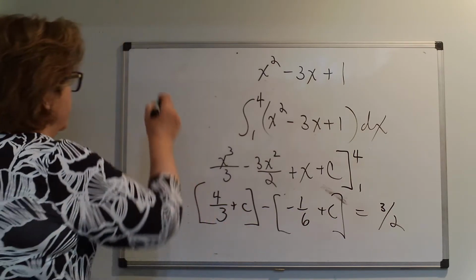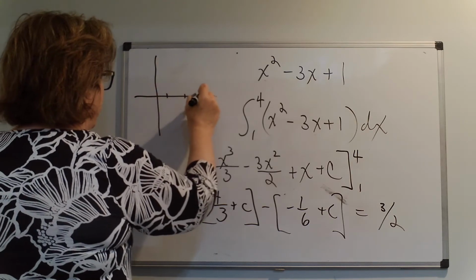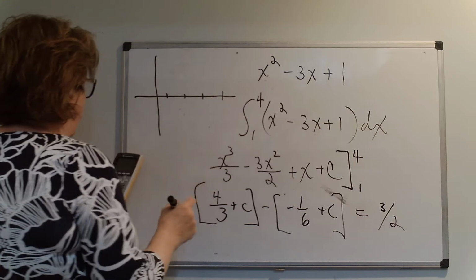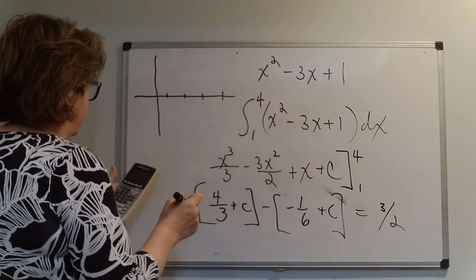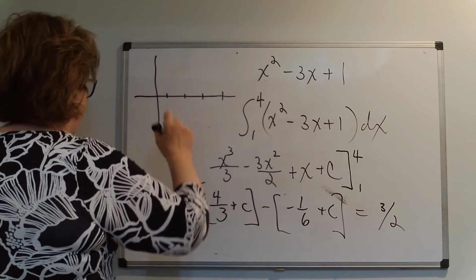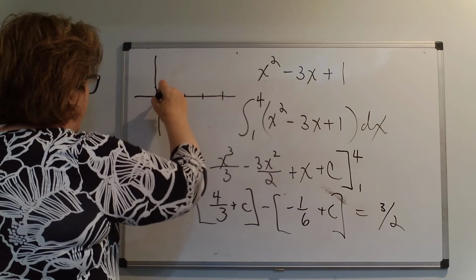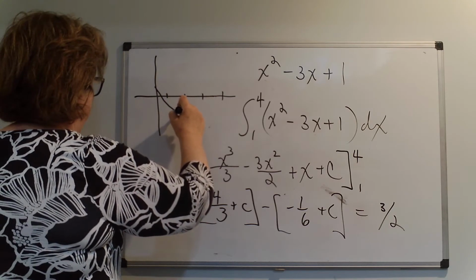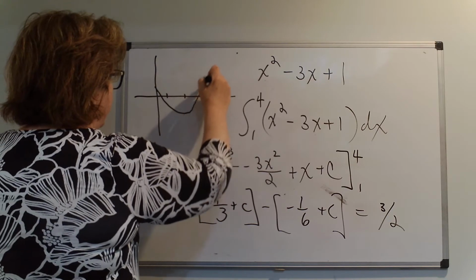When I graph this, 1, 2, 3, 4, it looks like it's going down and then up like that.